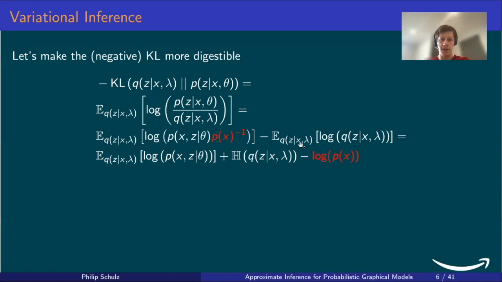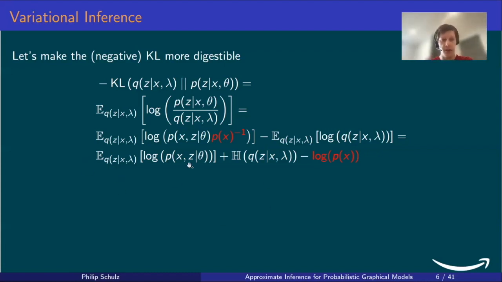And also notice that here we have a negative expectation over the approximate posterior. And this negative expectation is really just the entropy of the posterior, right? Okay, now what have we accomplished really? Well, remember that we want to minimize with respect to the variational parameters lambda. So where do we have a lambda?